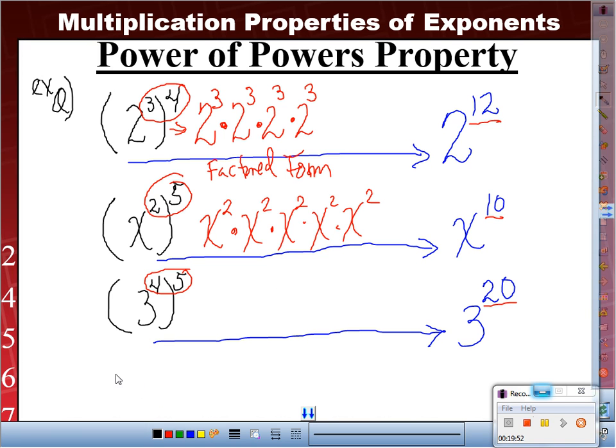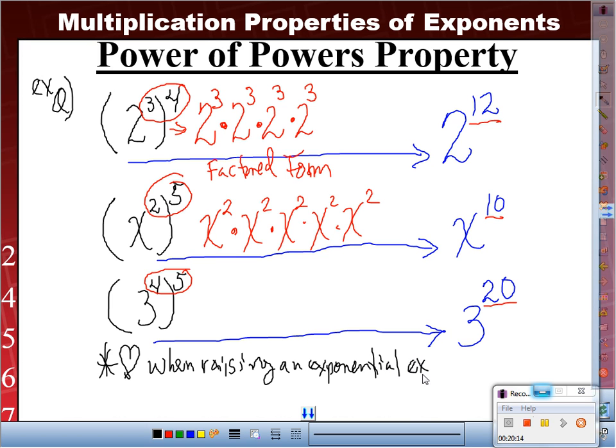All right, so let's write our rule. Asterisk, heart. When raising an exponential expression to another power, let's see, comma.